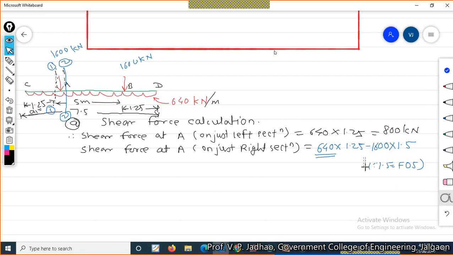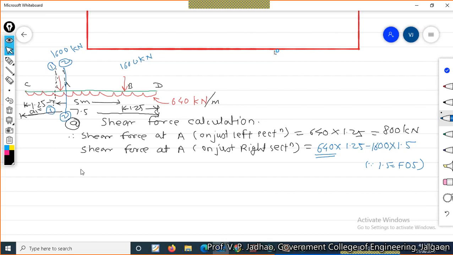Okay, is there any problem in this 1.5? We are considering this 1.5 as a factor of safety because this 640 is factored soil pressure, but this 1600 is not a factored load. Therefore, we are multiplying this 1600 with 1.5.